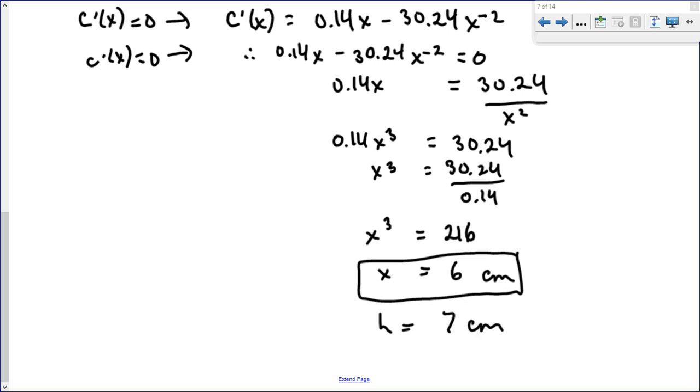So my dimensions are 6 by 6 by 7. That's usually the common notation for that: length times width times height.